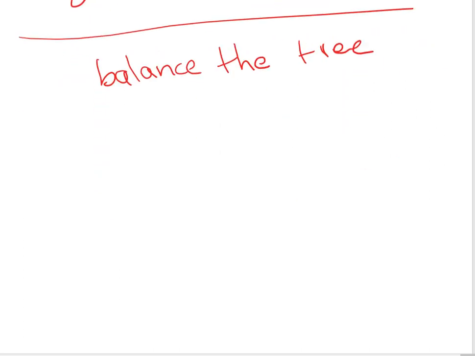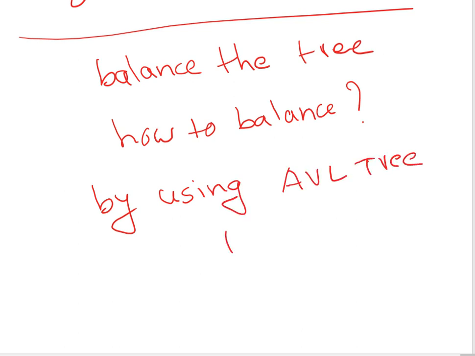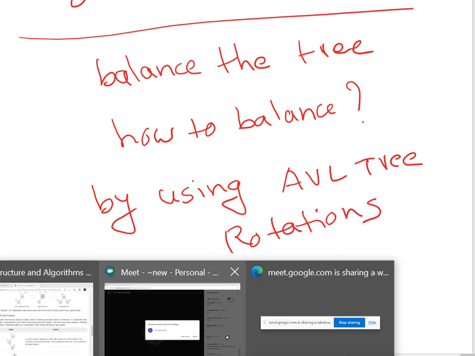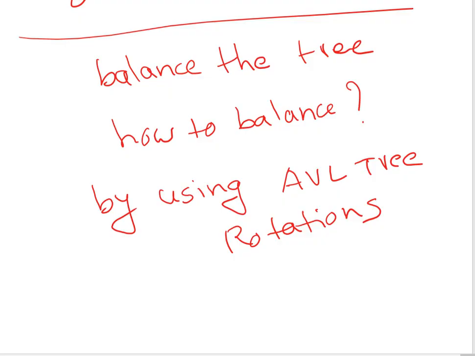How to balance? By using AVL tree rotations. By using the AVL rotations, we are able to balance the tree. So what are the AVL rotations?